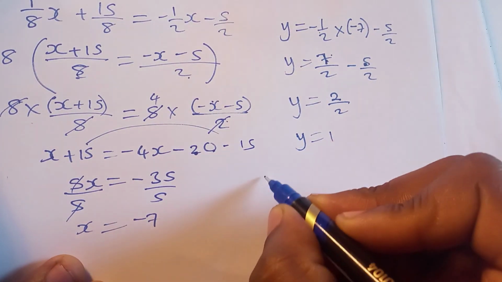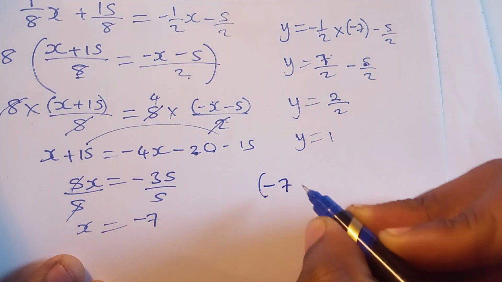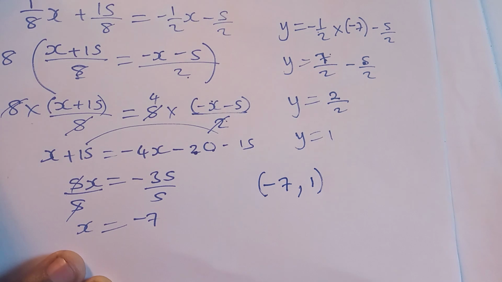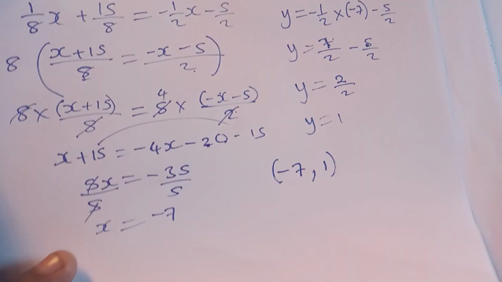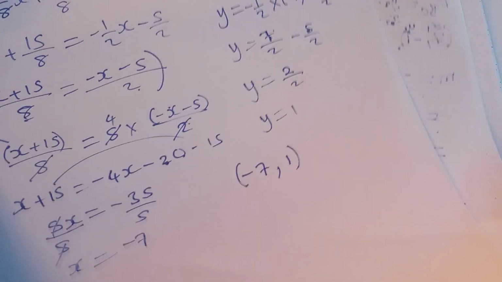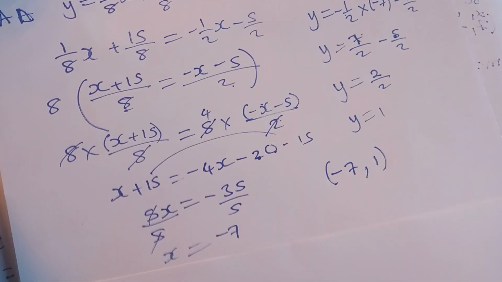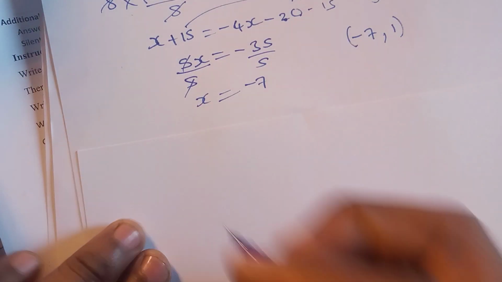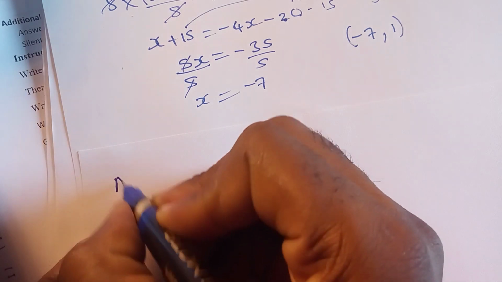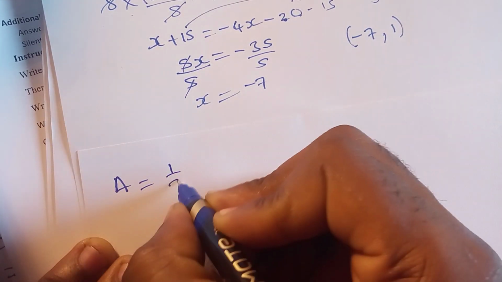I didn't want to waste a lot of time here, because I know you are able to solve simultaneous equations just fine. Now to find the area, you need to use this formula. Area is equal to half.